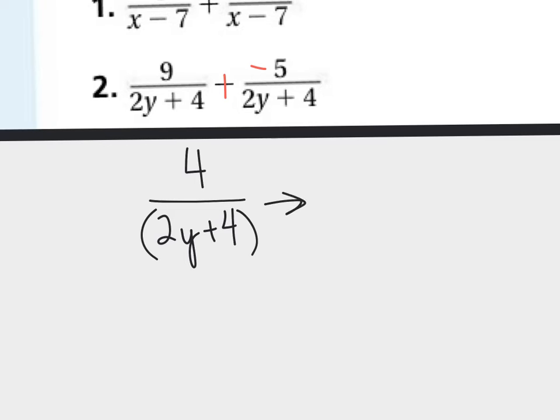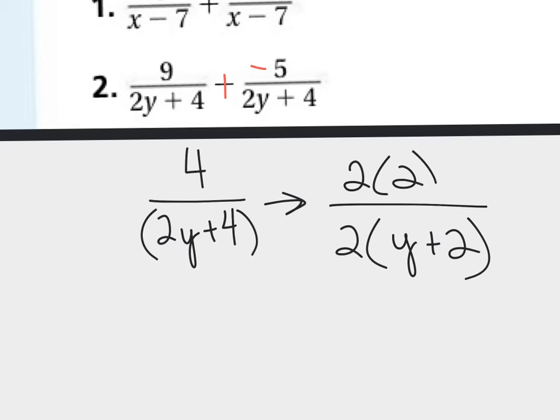At this point, we're going to try to factor, if we can, in the denominator. You might notice there's a 2 we can factor out, and that would leave us with y plus 2, or 1y plus 2. In the numerator, technically, if you want to just leave it as a 4 and then think of reducing it by 2, you can. Or if you like it better, you can physically factor out a 2 and say that 4 is 2 times 2.